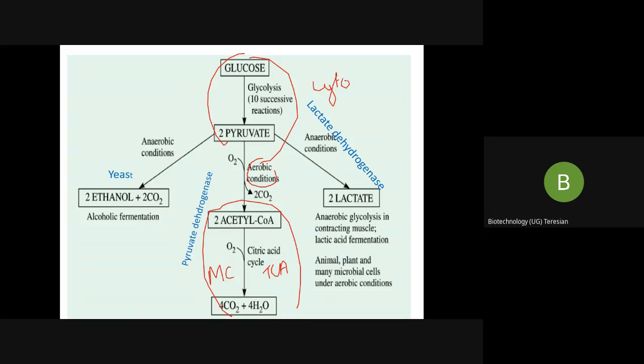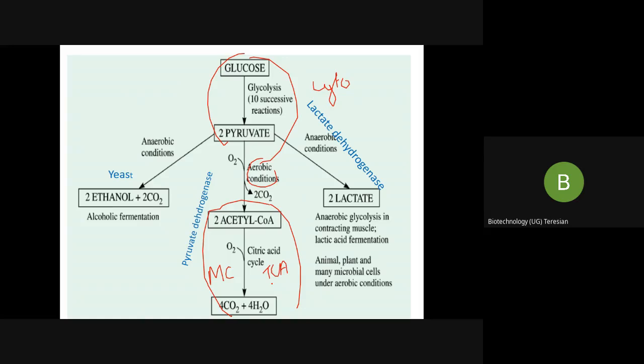All the reactions which occur in the mitochondria require oxygen, that is the aerobic condition. So your acetyl-CoA, when it enters into the TCA cycle, there are a lot of intermediate components formed, and finally what we get is carbon dioxide and water. We shall study about this in detail.